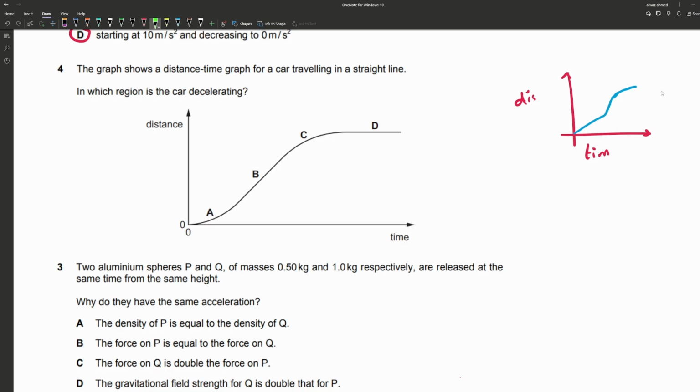So you can say that this portion has a constant velocity, this portion is accelerating, and this portion is decelerating. So we just need to see what part of the graph represents the decelerating portion, and if we look a bit closely, we can see that C has a decreasing gradient, so it becomes our correct answer.